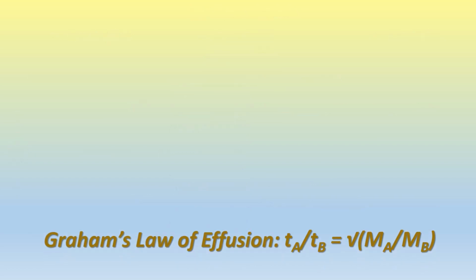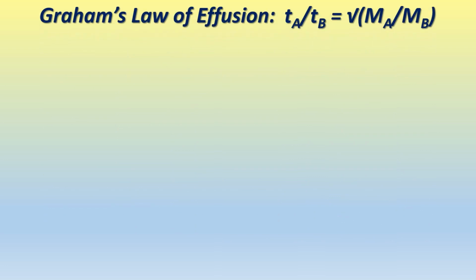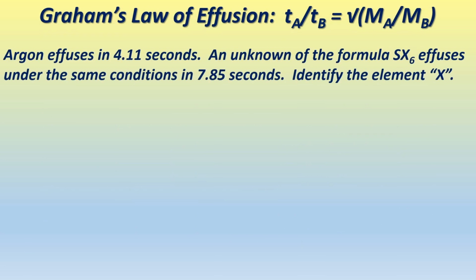Using this with an example. Argon completes the effusion experiment in 4.11 seconds. Some unknown with a general formula SFX completes the same experiment under the same conditions in 7.85 seconds. You can use Graham's law to identify an unknown. In this case, you can find out what the element X is.